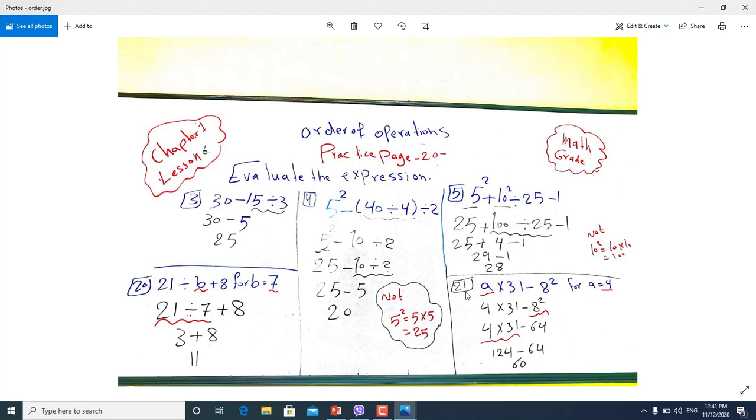And number 21, it's also an algebraic expression. We have 8 times A, 31 minus 8 exponent 2, or second power of 8. For A, it's 4. So we replace A with 4. 4 with A, you can say. In place of A, we put 4. So 4 times 31, we write again minus, and 8 power 2, exponent 2, we write again.